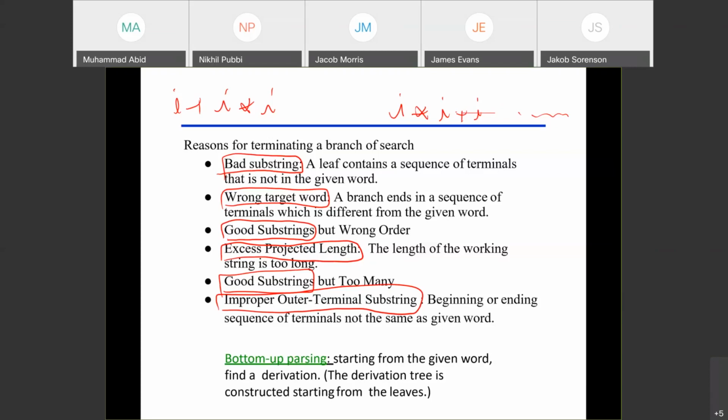Okay, then we do have another method which is called bottom-up parsing. Basically you have a word, and from that word you go up to the next level, and go up to the next level, and this way you can generate the tree.